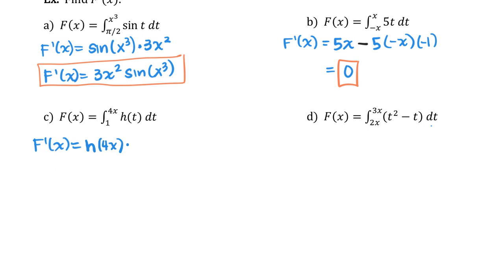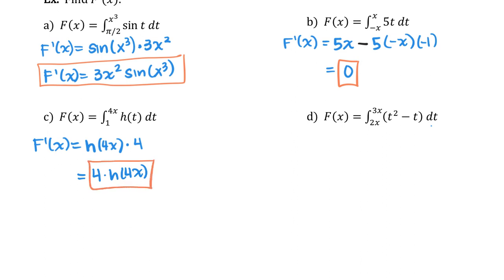And then because I plugged in 4x, the derivative of 4x is 4. Now I need to plug in a constant here, but I'm going to skip that because once I do the derivative of the constant, that part's going to go to 0. I don't know what the h function is, so I'm going to leave it like this somewhat, but I'm going to make it look a little nicer. I'm going to move the 4 to the front. So this is 4 times h of 4x, whatever h of 4x is.